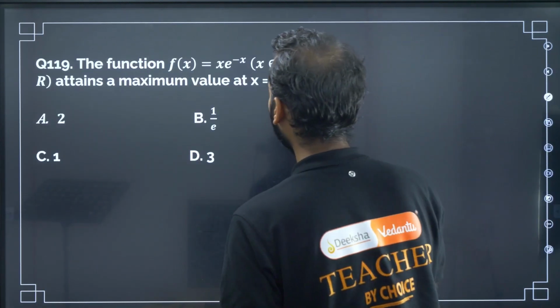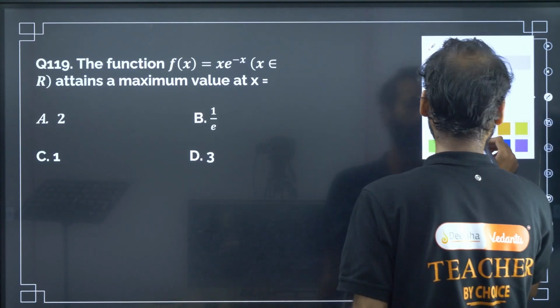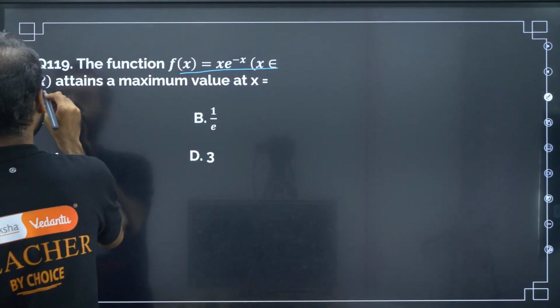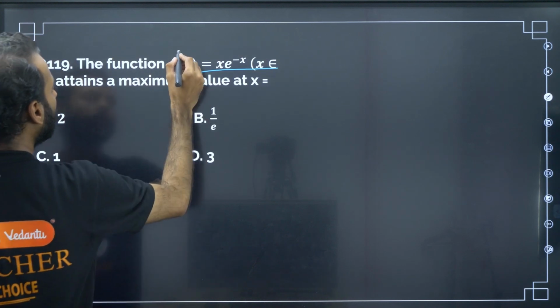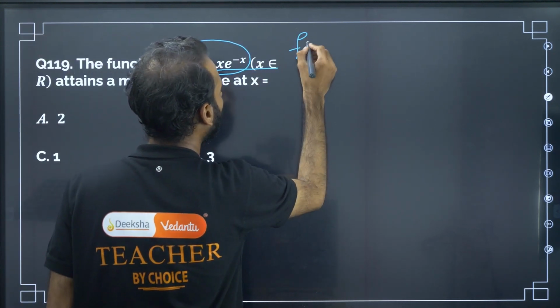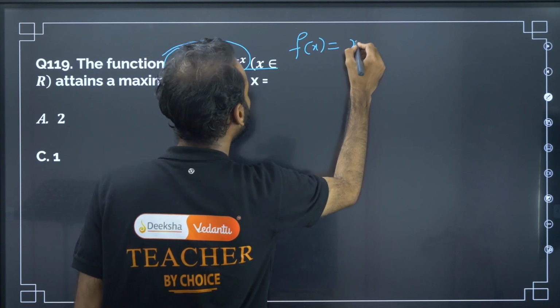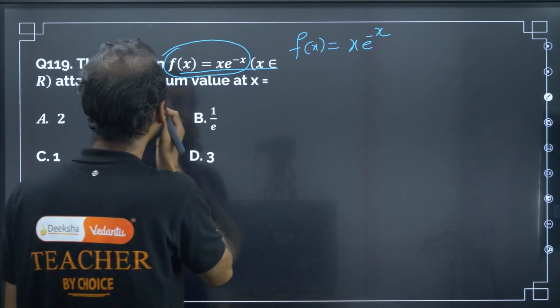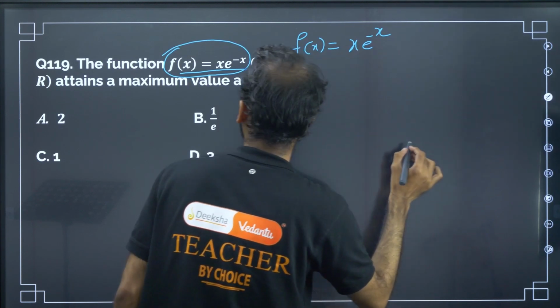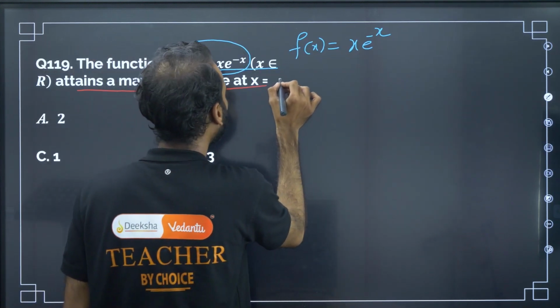The function f of x is equal to, they have given some function, x e raised to x. Let me copy and paste that function. F of x is equal to x e raised to minus x, then attains maximum value at x equal to. So they are talking about attains maximum value at x equal to.